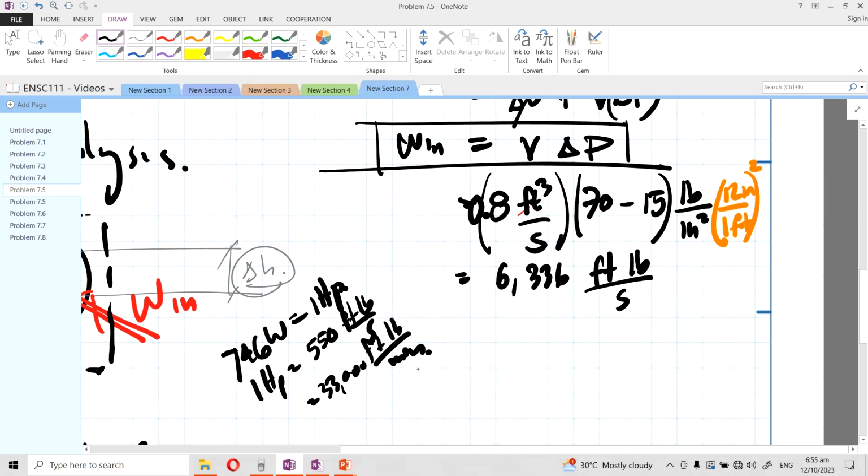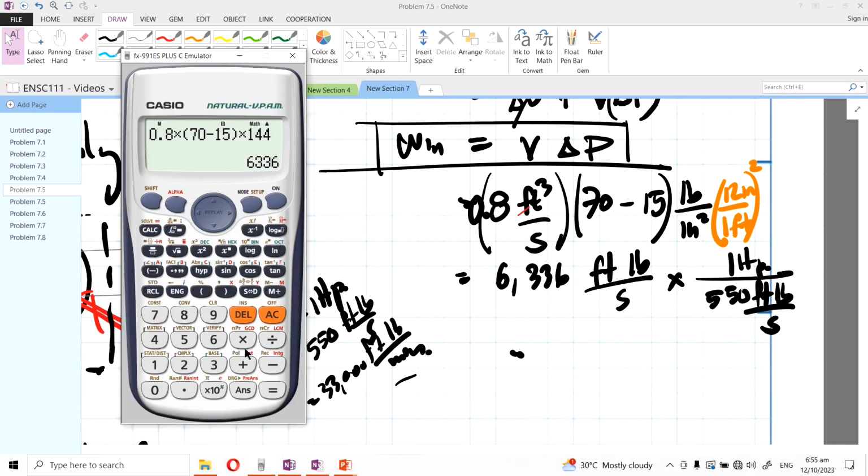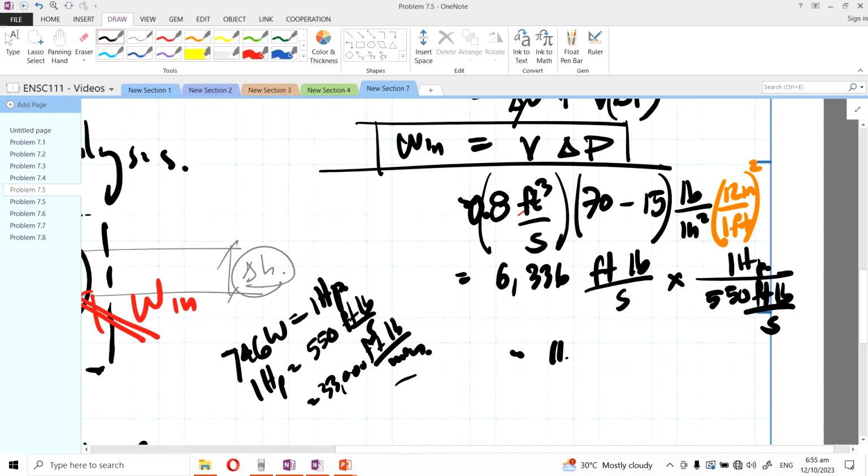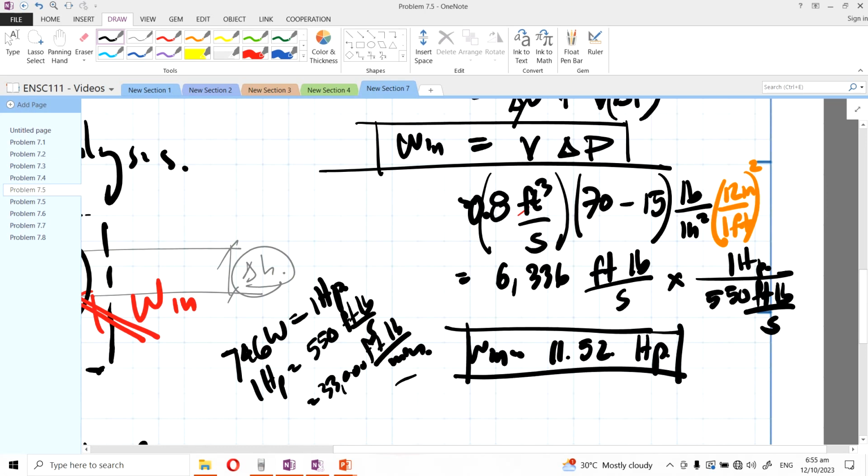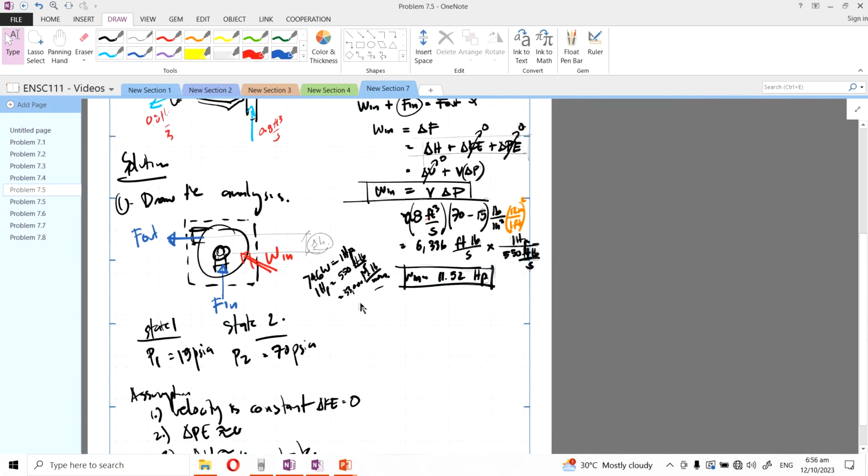So 550 foot pound per second is equal to 1 horsepower. 6,336 divided by 550 is equal to 11.52. Okay, 11.52 horsepower. That's the work input that we need. Of course, we didn't include the efficiencies, but at least we have some values here.